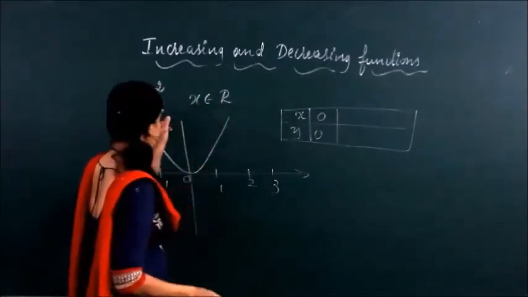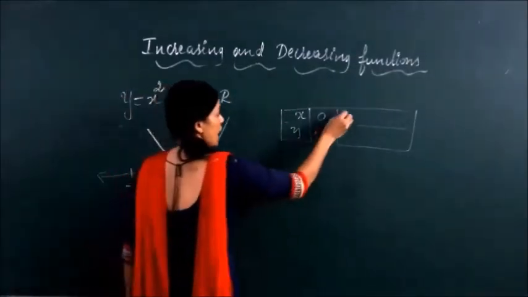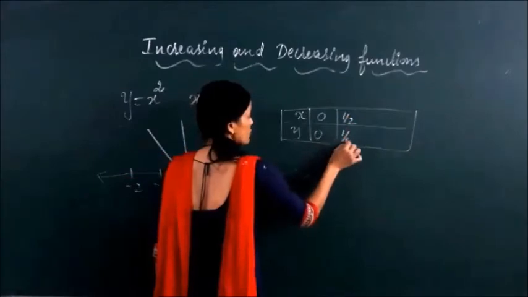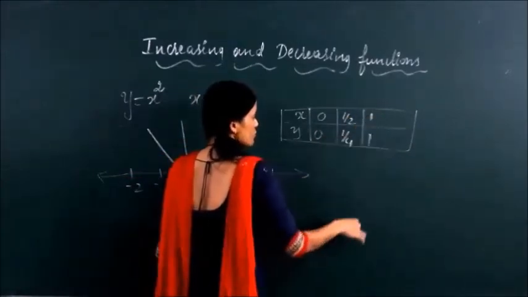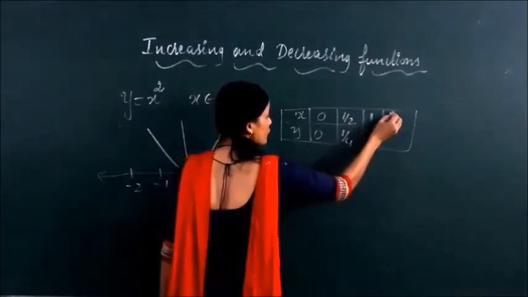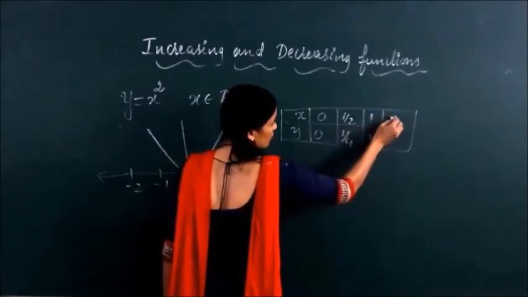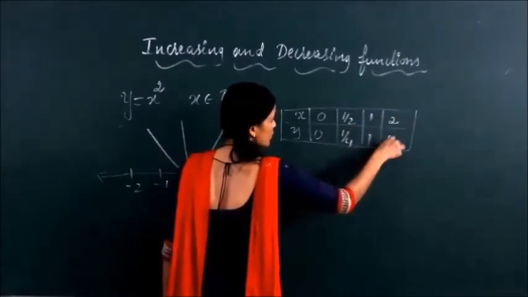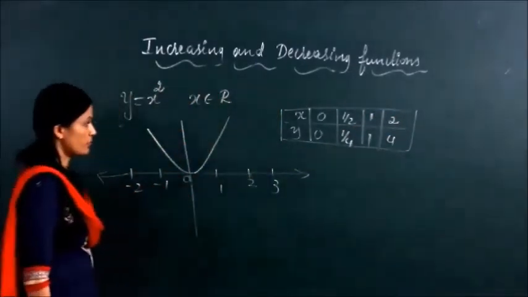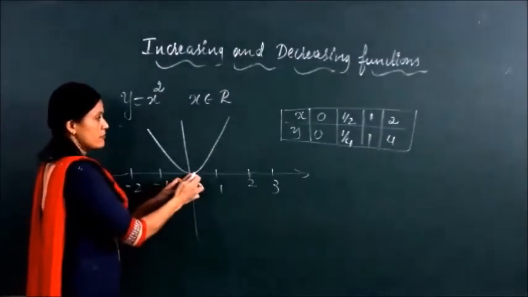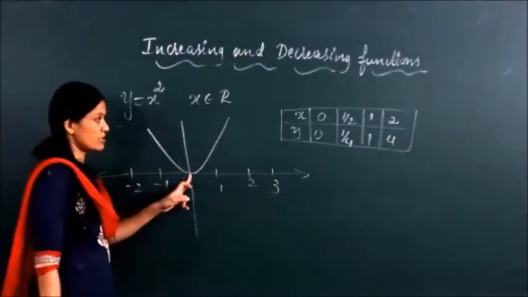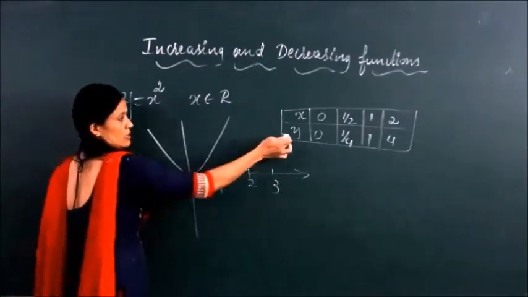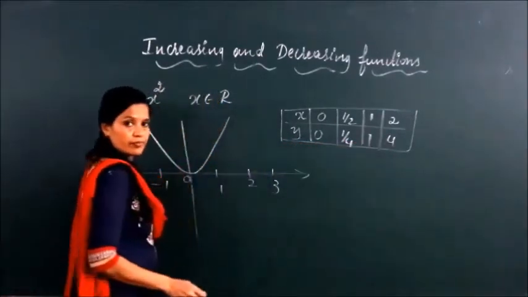When x is half, suppose if I give the value of x as half, it becomes 1 by 4. When x is 1, y is also 1. When x is 3 by 2, y is 9 by 4, like this. For all the positive real values of x, I get positive values of y.